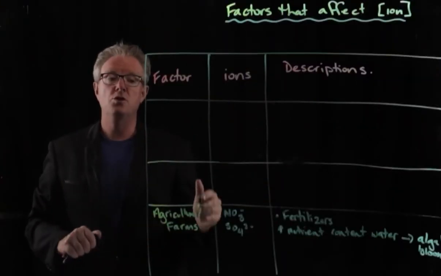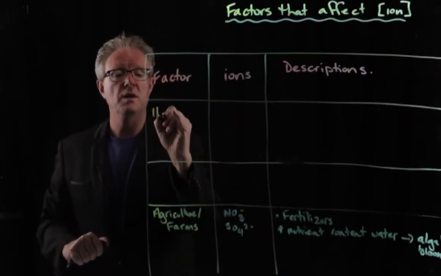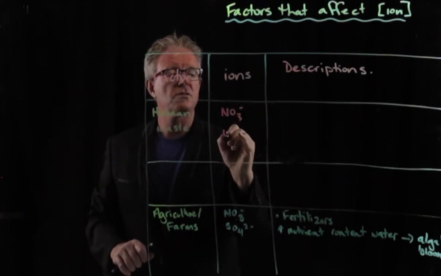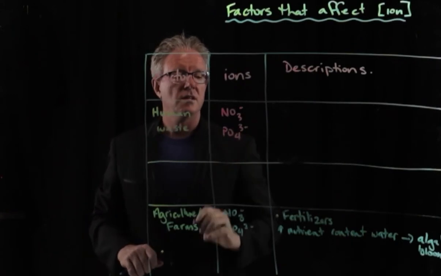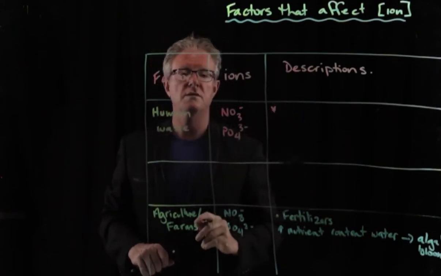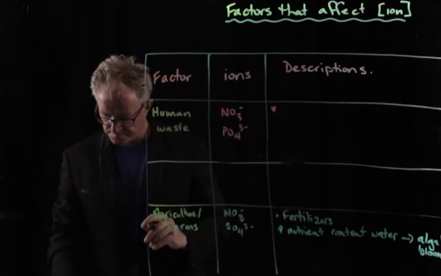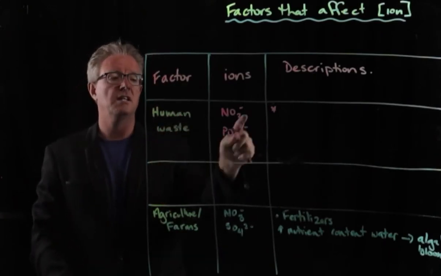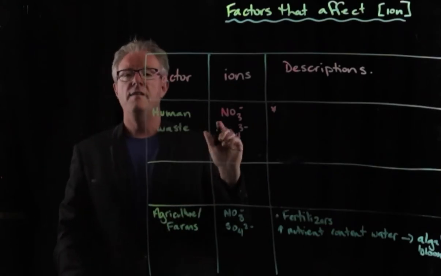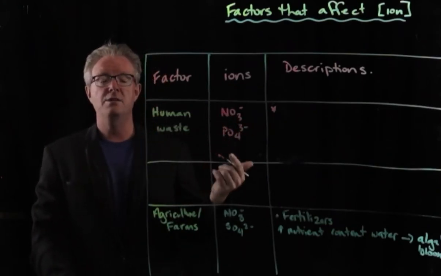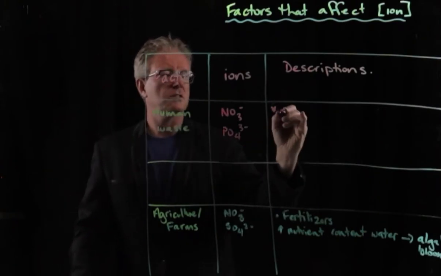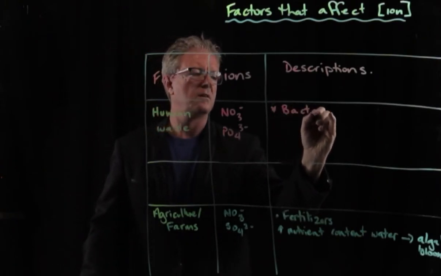Okay, so we've just rubbed out 2 rows and we're going to add another one, human waste. So human waste not only has nitrates, it also has phosphates. So human waste contains nitrates and phosphates, and that's going to have a problem in terms of bacteria as well as toxins, etc. So if we write bacteria there.